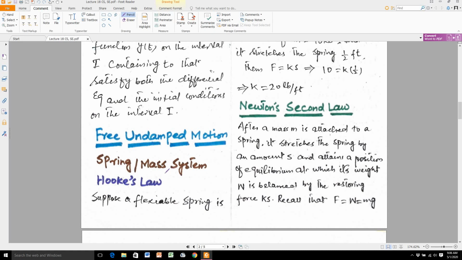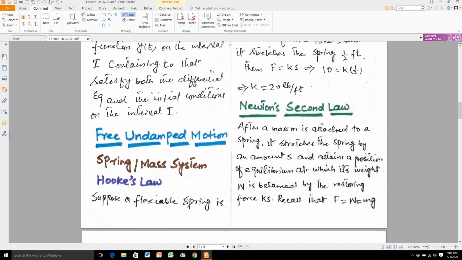Under this, we study some important laws. One is Hooke's law. It is a very popular law that you studied in your intermediate and some initial classes at high school.